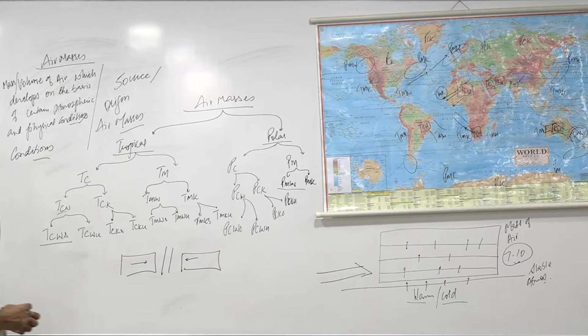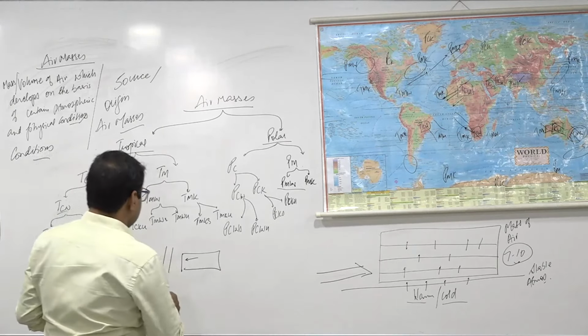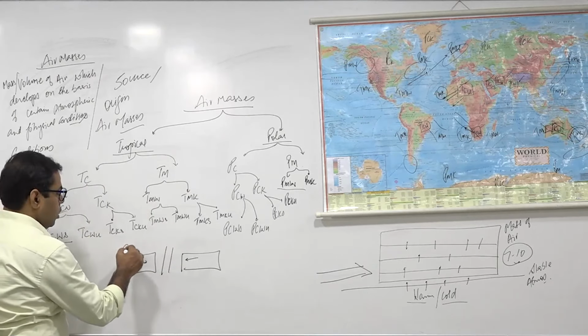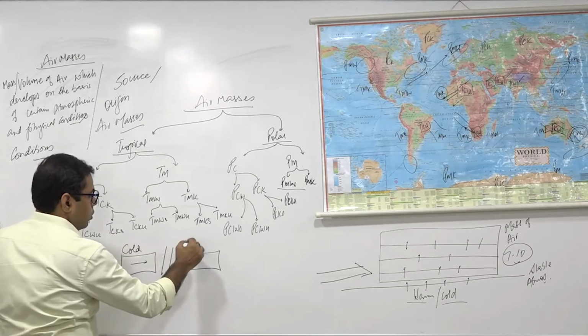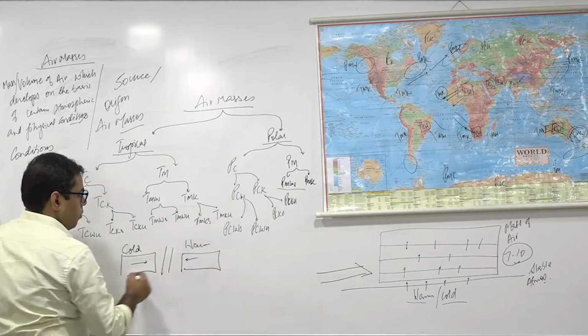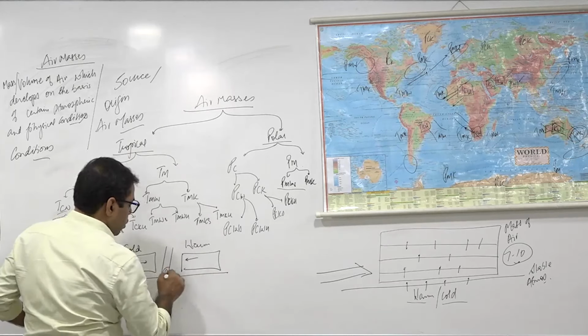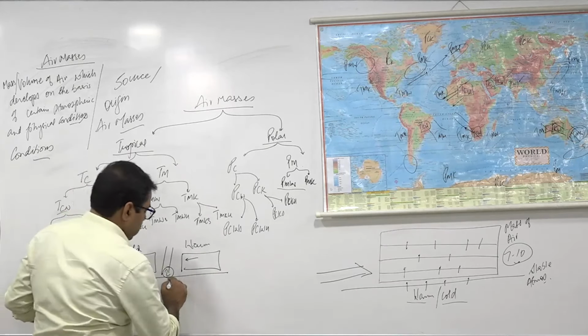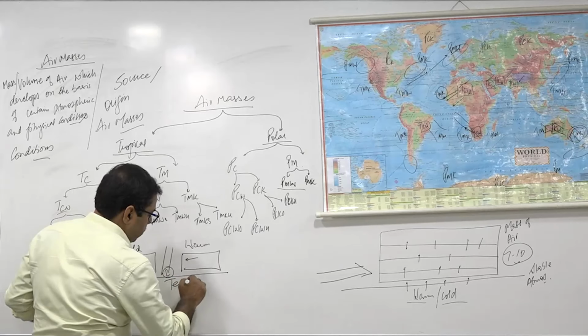So that is the zone of the two different air masses, cold and warm air masses, the zone of low pressure center. So there is a temperate cyclone.